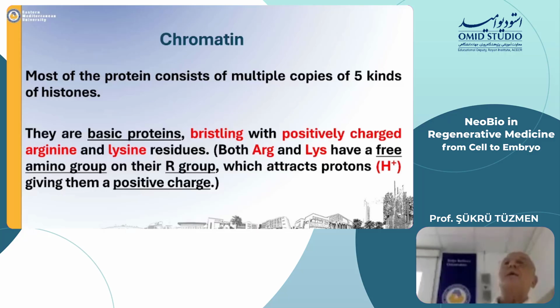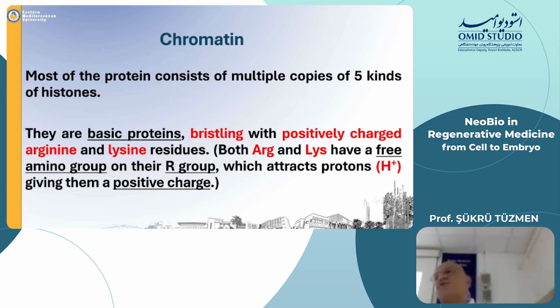They are positively charged thanks to the presence of amino acids such as arginine and lysine. These are like little bristles, like cat whiskers. They stick out of the core histone proteins and are positively charged.